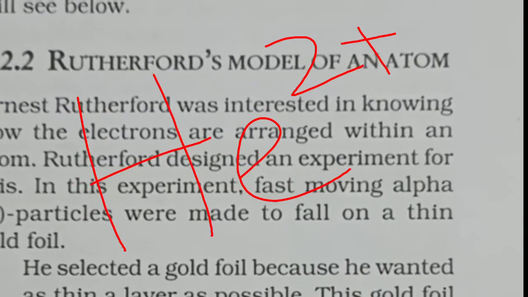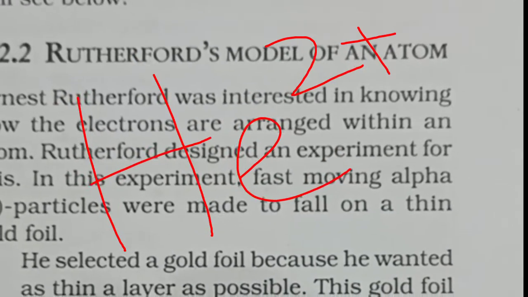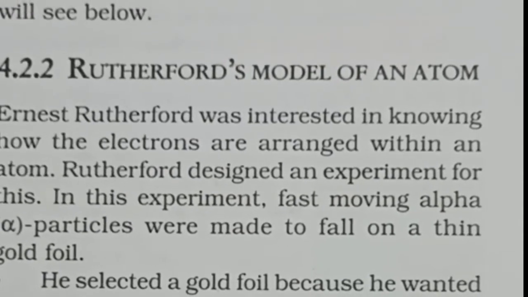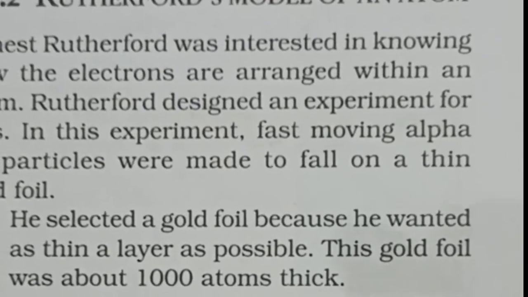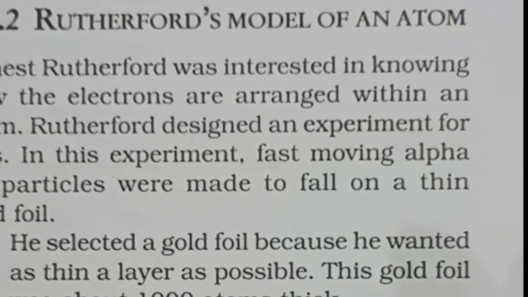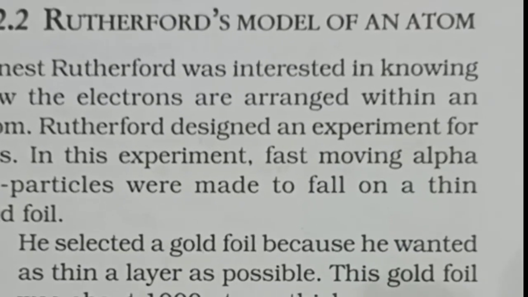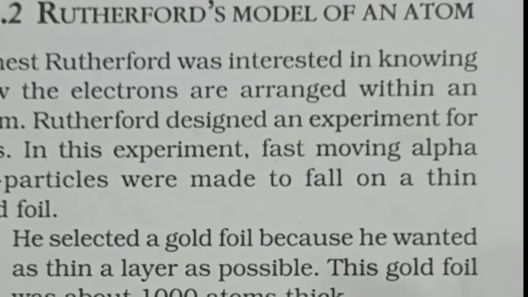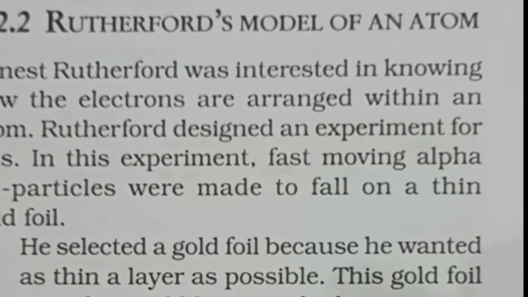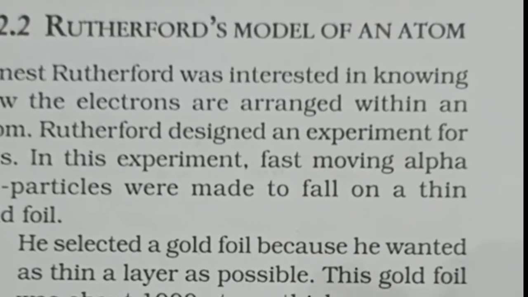Alpha particles are given out by radioactive elements like radium and polonium. If alpha particles are moving very fast, they have a considerable amount of energy, so much that they can penetrate through matter to some extent.